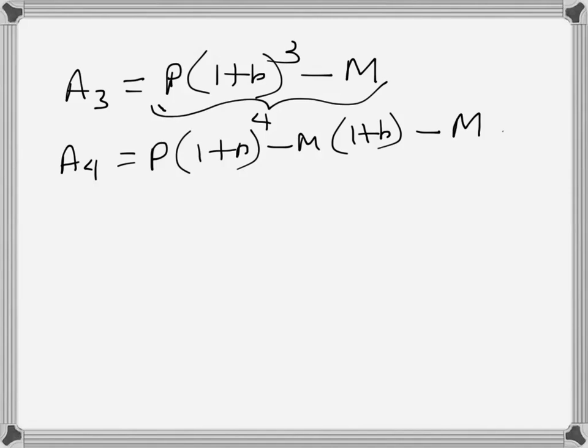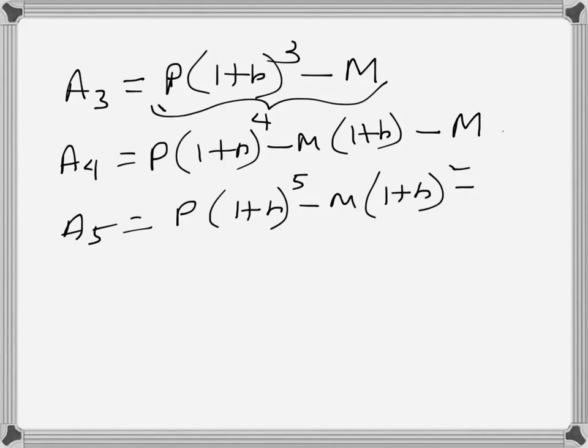Similarly it goes, so let me do another one. This will become P(1 plus R) to the power 5 minus M(1 plus R) square minus M(1 plus R) and then minus M. So we can see a pattern here. It will go up to 36 because there are 36 months, 36 installments.